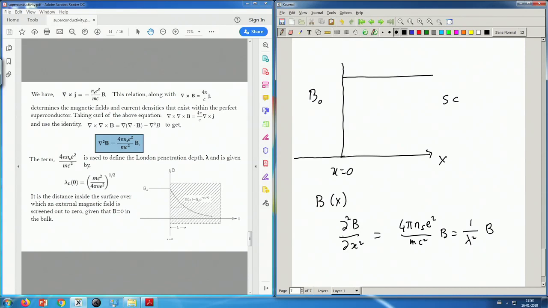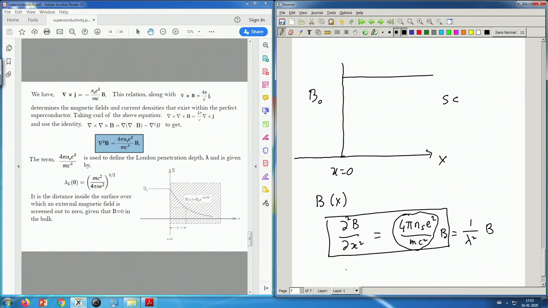You can immediately see from the 2 sides of this equation that this quantity has the dimension of 1 over length square. So, that means I can define a length lambda which is such that 1 by lambda square is this quantity.